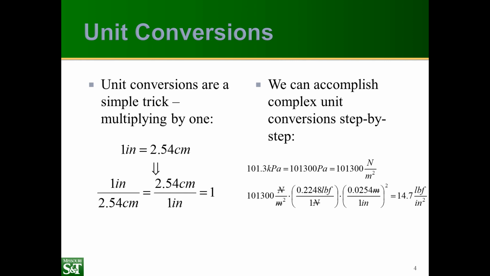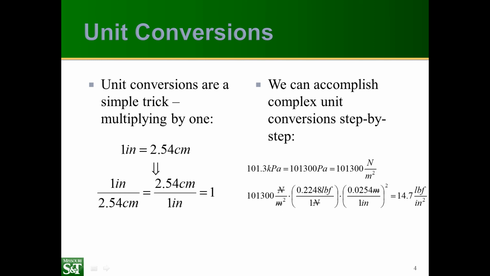And then we can accomplish more complex versions using a sort of step-by-step behavior. So for instance, if we want to convert kilopascals to pounds per square inch, or PSI, we start by multiplying by 1,000 to get pascals, then we take the definition of pascals to give us newtons per square meter.